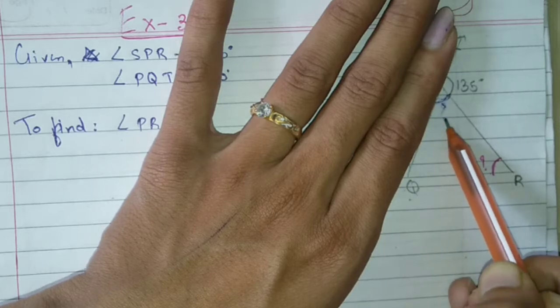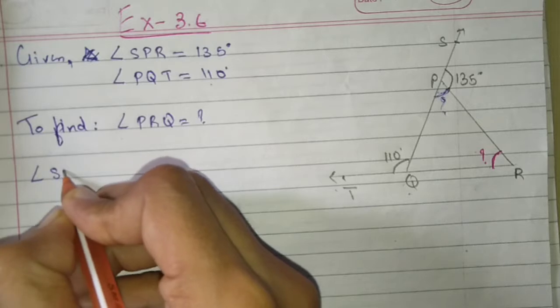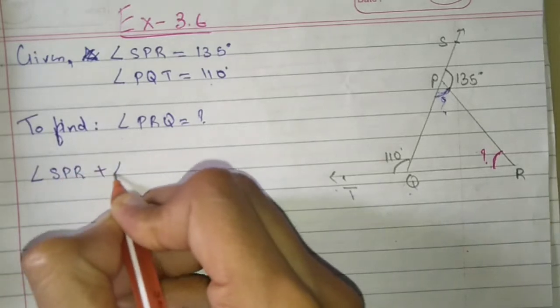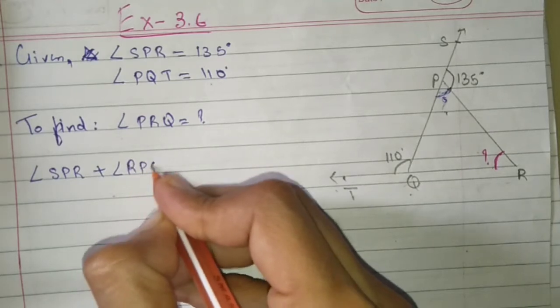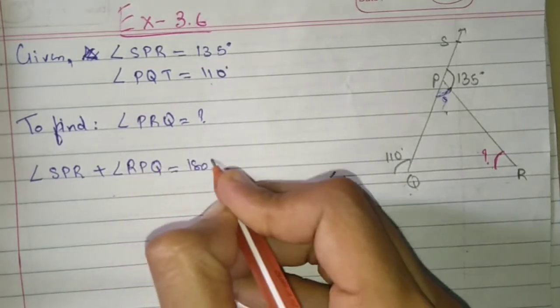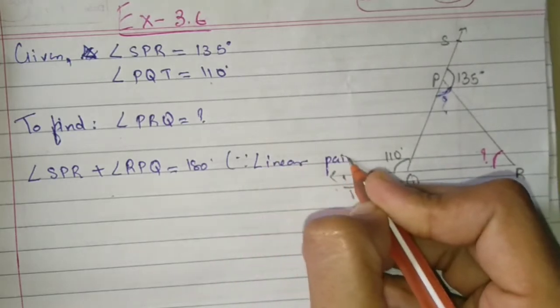Angle SPR plus angle RPQ equals 180 because it is a linear pair.